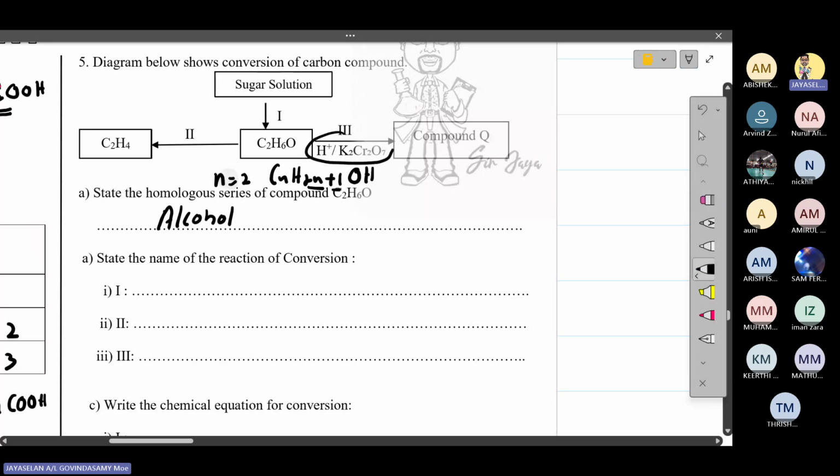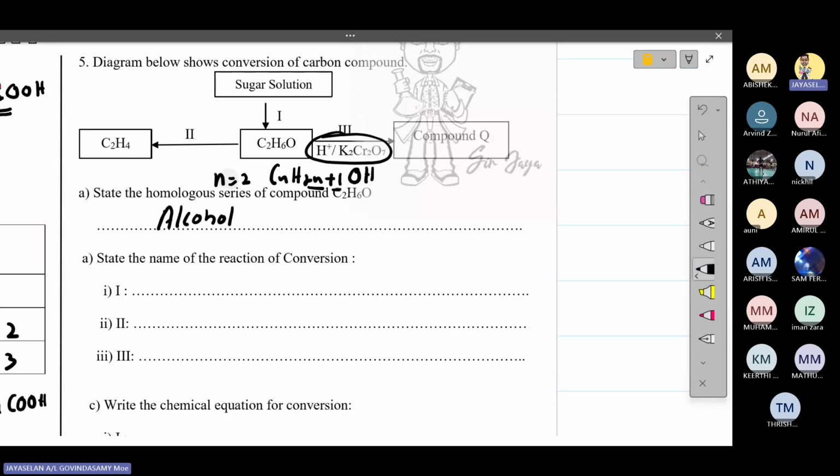Once I see this, I know the reaction is oxidation. So I put oxidation. Once I see sugar solution, I already know the name of the reaction. This is fermentation.